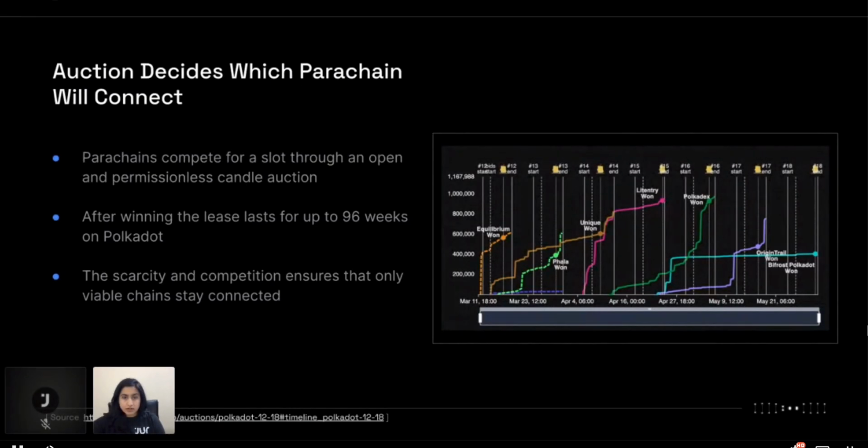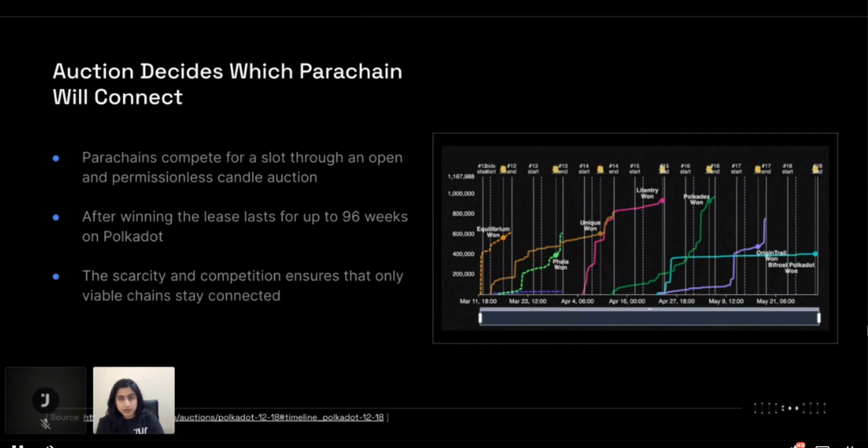Now, the point is that there are only 100 slots available, and there has to be some mechanism, some process in place, so that new blockchains can come and connect to the main relay chain and take advantage of the entire network. And this process is called an auction.